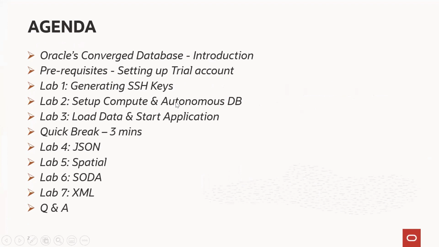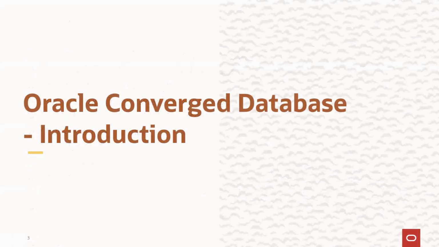So in our case, we're going to set up an autonomous transaction processing database and how to load data into the database and start the application. We will then take a short break if needed and continue to explore different data types beyond relational data, which is JSON, Spatial, XML, and all others, all running on Oracle's autonomous database. And finally, we will wrap it up with a Q&A session. So let's get started.